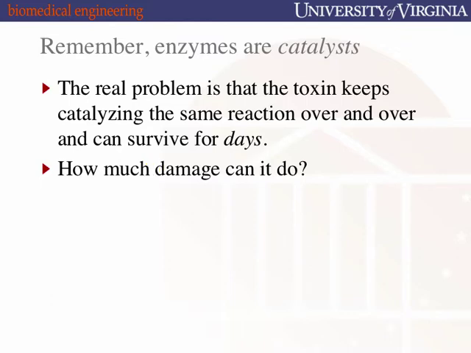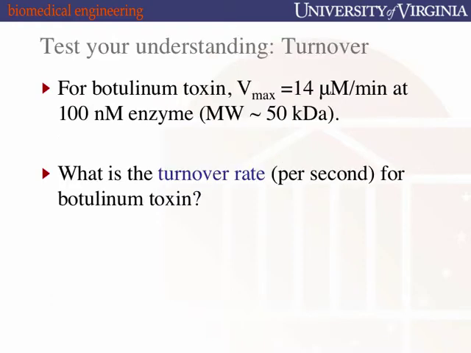All right, so last problem. Let's test our understanding now of the concept of turnover. I'm going to give you a couple facts. For botulinum toxin, the Vmax is 14 micromolar per minute at an enzyme concentration of 100 nanomolar, molecular weight of 50 kilodaltons.